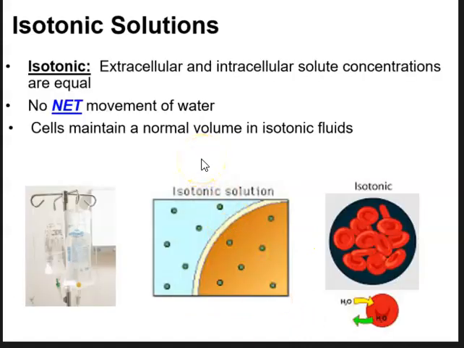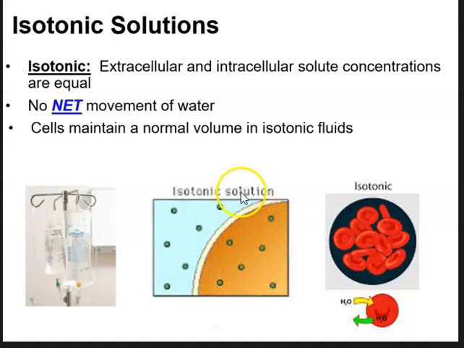So when we have isotonic solutions, we're talking about solutions that surround the cell. When we're talking about an isotonic solution, we're talking about the solute concentration outside of the cell. In an isotonic solution, the concentration of the solutes outside of the cell is equal to the concentration of the solutes inside the cell.